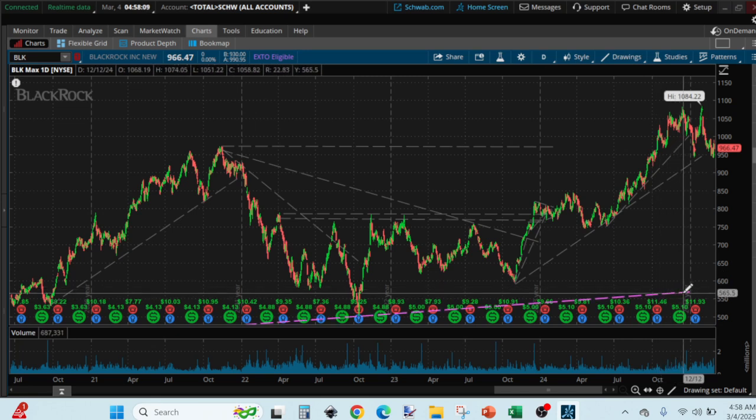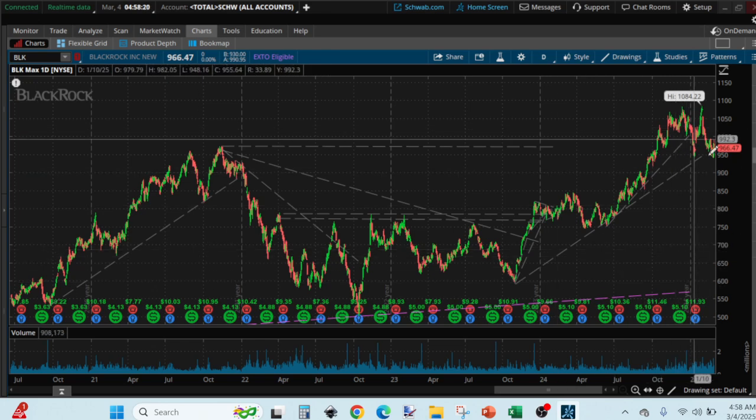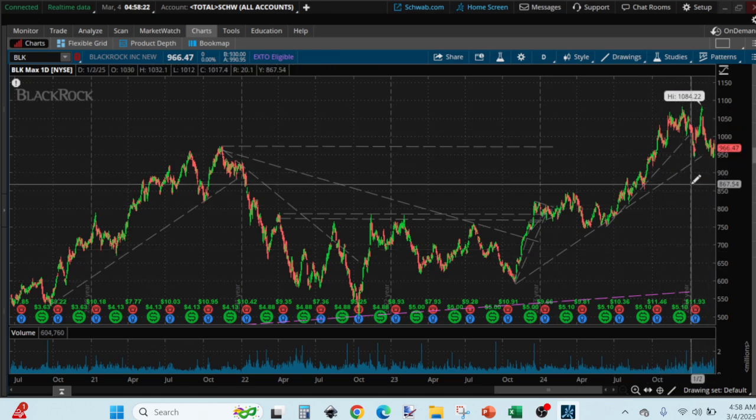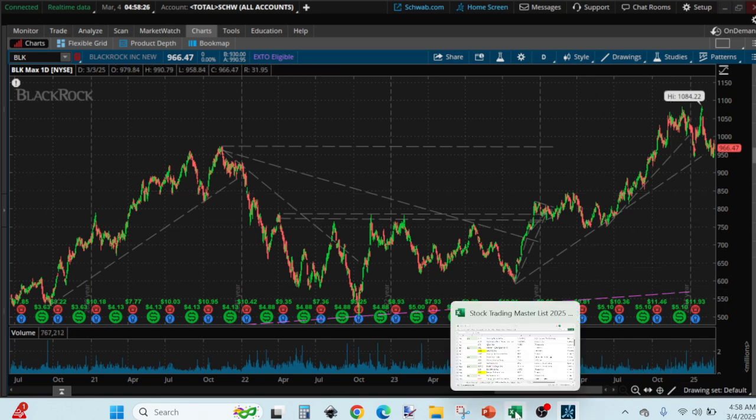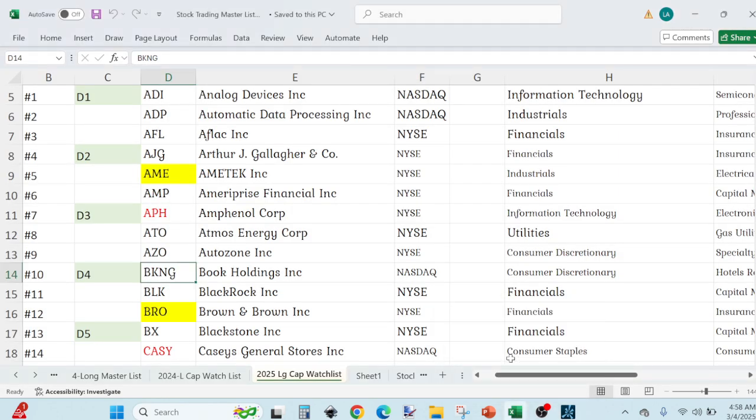But either way, we just prefer to wait at the lower trend line, the valley of the mountain, so that when it reaches it and starts going up from there, we could get in. So this one is now ready for us to buy using the long uptrend line swing trading strategy, just like BKNG. Both are now ready for us to buy.